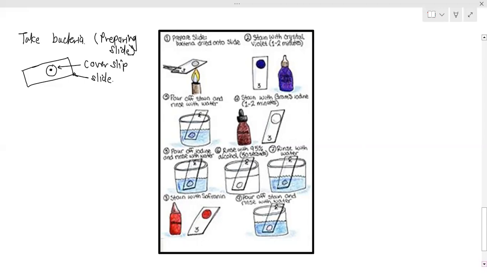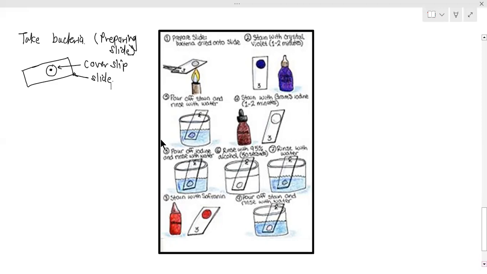Then I need to heat this. Because of heating, the bacteria which I have put onto the slide get stuck to the slide. They die, that's true, they do not remain alive, but they stick to the slide.